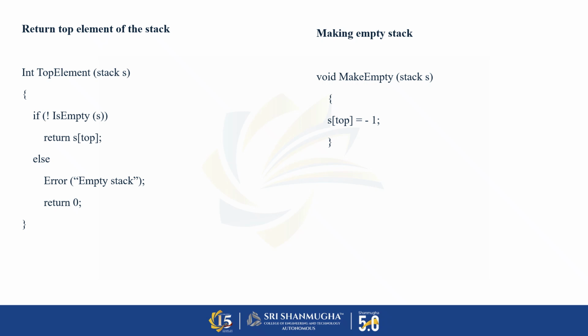Finally, returning the top element of the stack and making an empty stack are the last two operations discussed here. int top_element(stack s): if !is_empty(s), return s[top]; else error: empty stack, return 0. And void make_empty(stack s): s.top = -1.